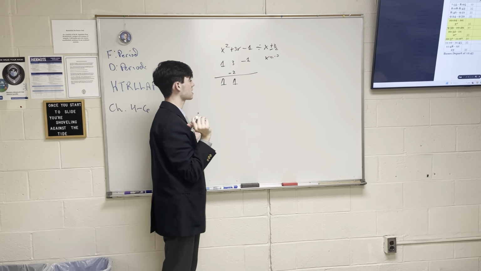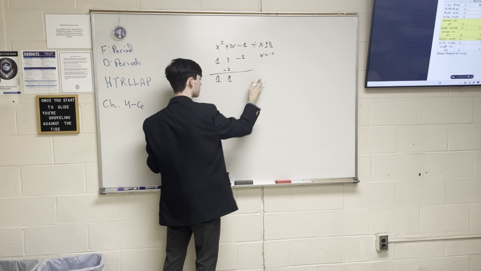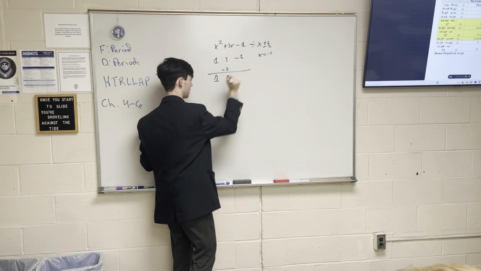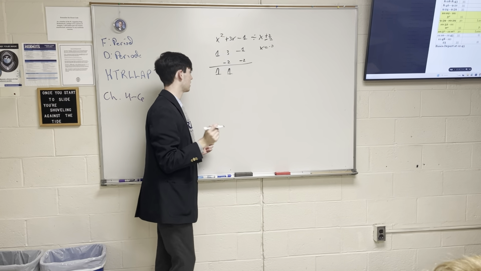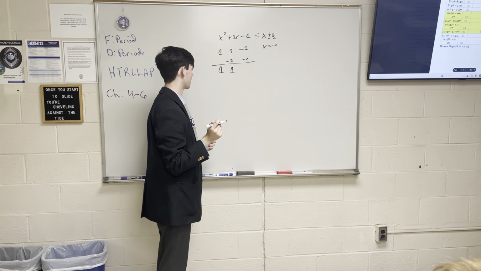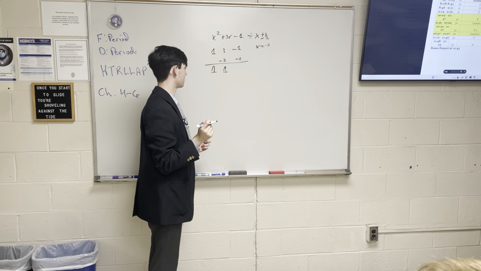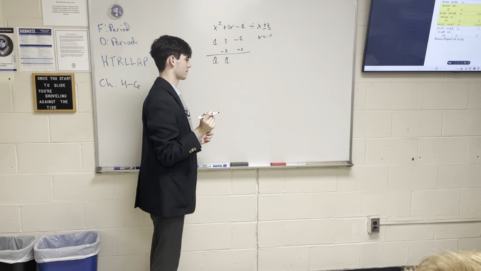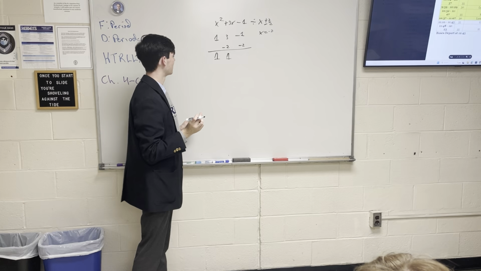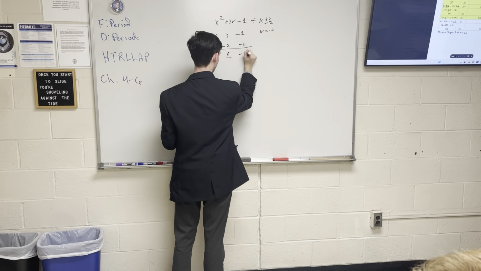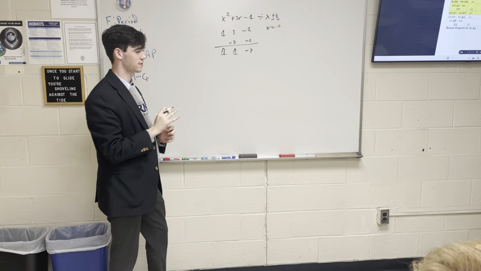You multiply that back again by -2. So that gets you -2. And -2 plus -1 is -3. And that's all that you have to do of step 3.